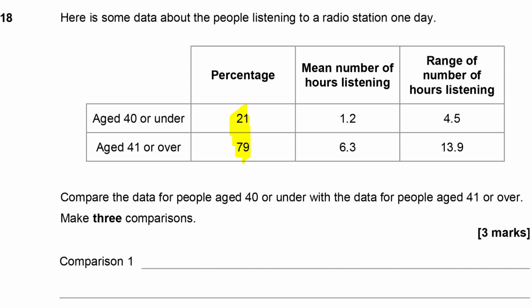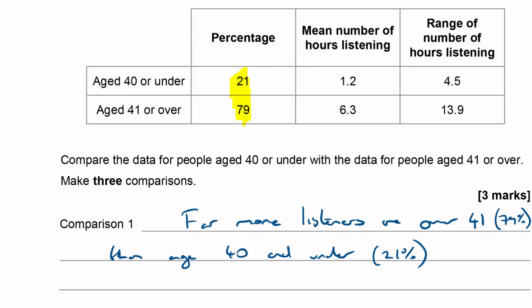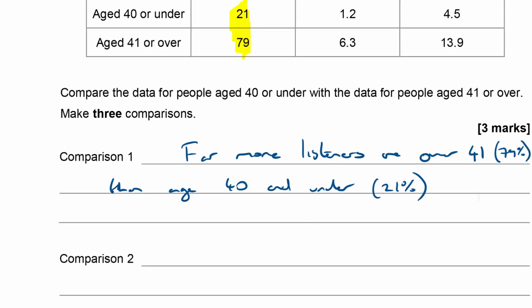So we can say that far more listeners are over 41 than age 40 and under. Okay, so more listeners are 41 and over than are 40 and under.